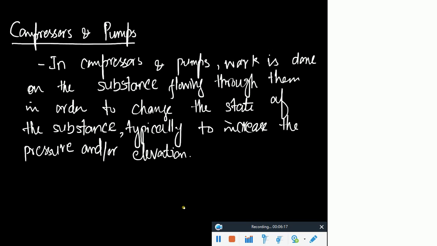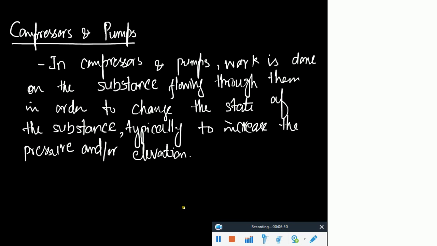Okay, you might have seen those pumps installed in your homes, generally known as donkey pumps, right? Commonly in the market they call it a donkey pump. What they do is they pull the water out of your underground water tank and send it to the topmost tank on the roof of your house. So they are basically increasing the potential energy of the water by sending it to a higher level. To do that, they need to suck it.